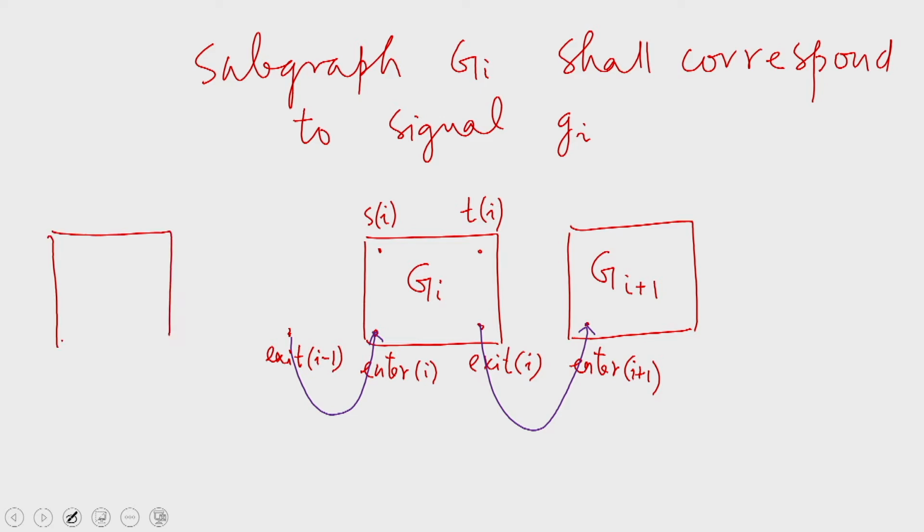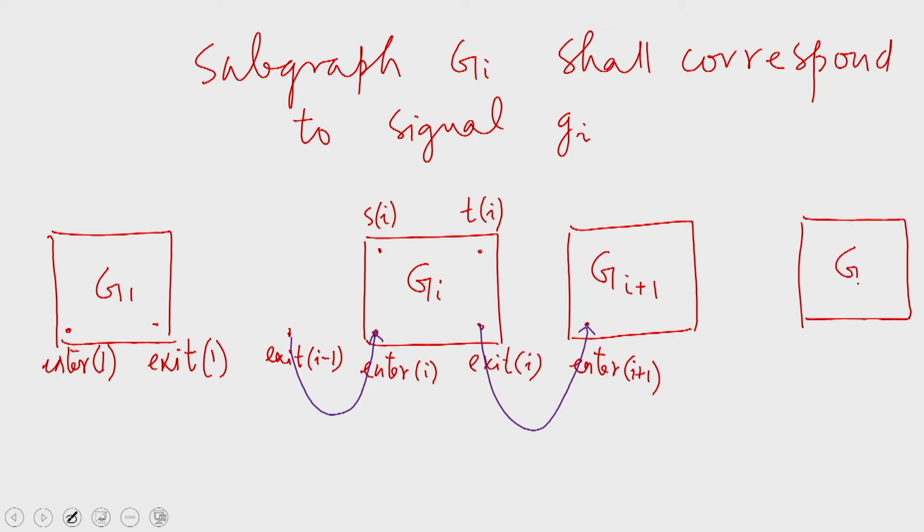Of course, the first subgraph, which is G1, shall correspond to input G1. It will have a vertex called exit 1, which connects to enter 2. It will also have a vertex called enter 1, but there will be no edge coming into enter 1. That is because there is no unit before this. Similarly, the last unit will be a subgraph called Gn. This will have a vertex called exit n with no out degree.